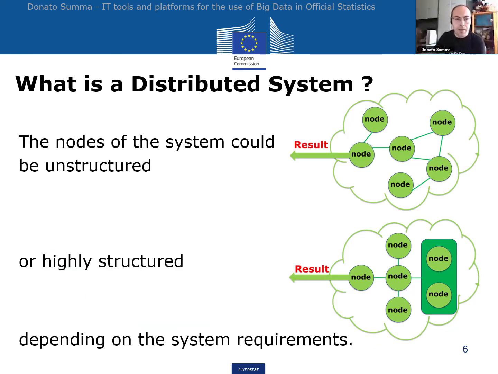Now, it's important to say that the nodes of the distributed system, the computers within the network, could be unstructured or highly structured, depending on the system requirements.